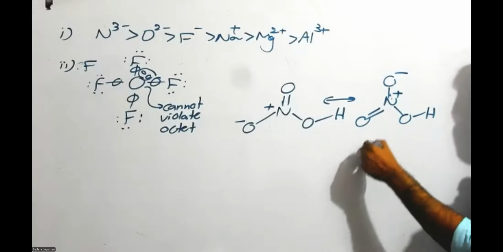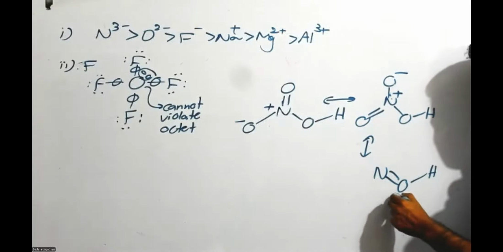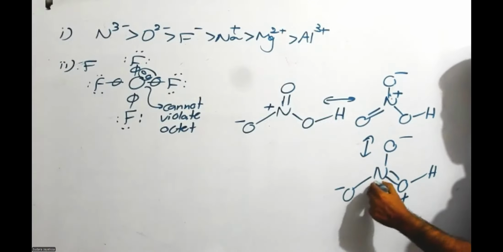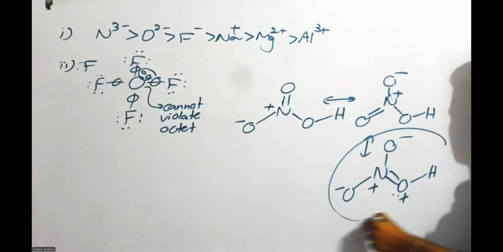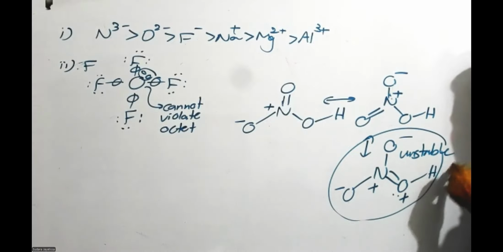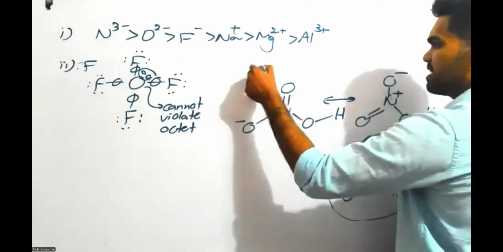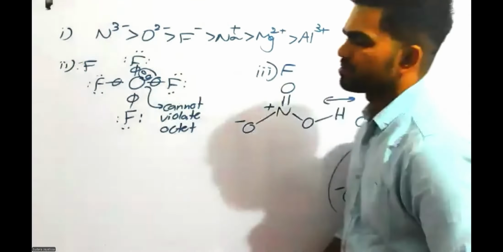But the structure you are drawing like this, there you have a positive charge on oxygen. These structures are not complete, but however, you can see this resonance structure is unstable because you can see a positive charge on oxygen. So telling that equally stable resonance structures are there for nitrate is again false.